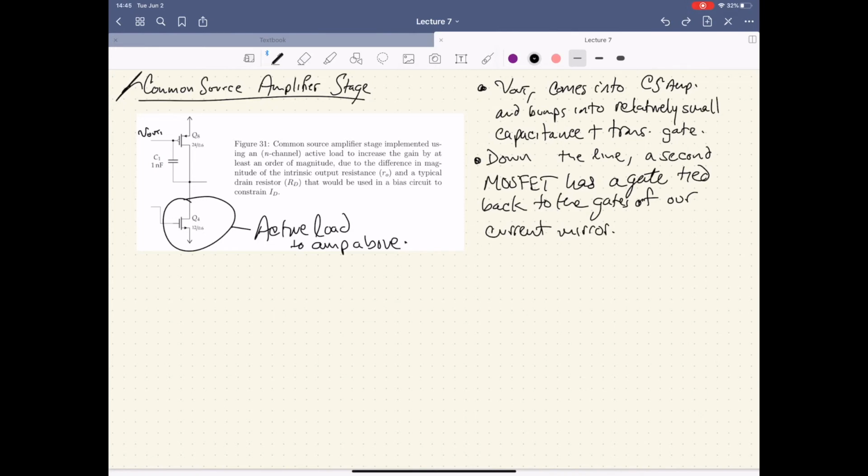So what we can expect here is a gain equal to minus GM RO4 in parallel with RO8. Because again, we've replaced what was a resistor with a transistor, and so it's going to be based off of the intrinsic properties of that transistor for the resistance, or for our impedance.